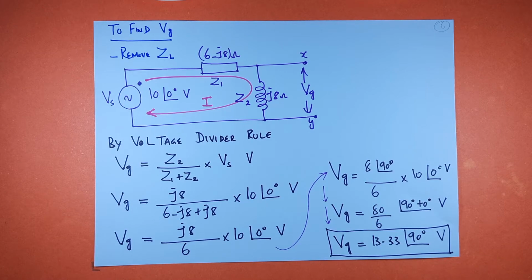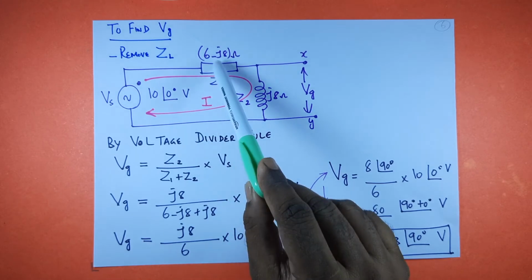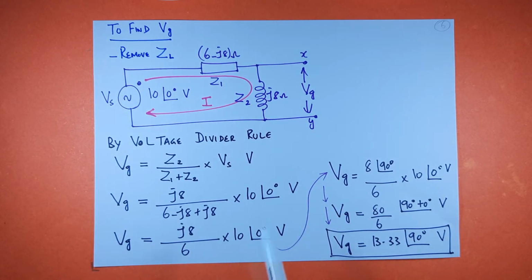So this is a series circuit, so you can apply the voltage divider rule. So Vg equal to this impedance Z2 divided by the sum of these two impedances, Z1 plus Z2, multiplied by source voltage. So substitute Vg equal to j8 divided by (6 minus j8 plus j8) into 10 angle 0, that is this Vs. This j8 gets cancelled, so j8 by 6 into 10 angle 0.